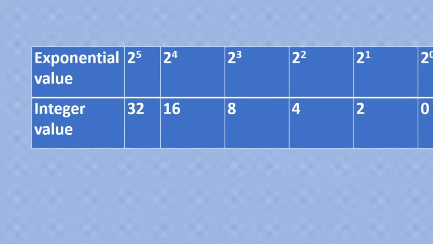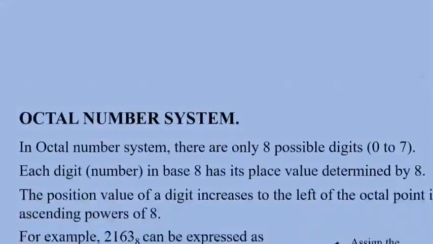That is 2 raised to power 0, 2 raised to power 1, 2 raised to power 2, and down there we have the values that indicate them. And therefore, we have 4, we have 8, we have 16, that is 2 raised to that power to get the value below there.